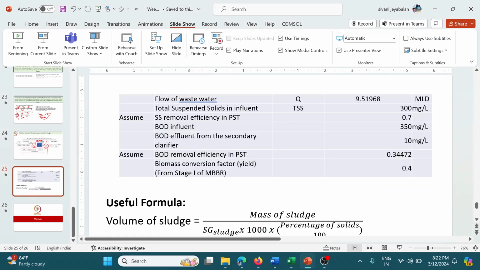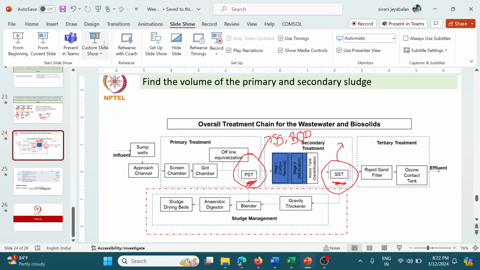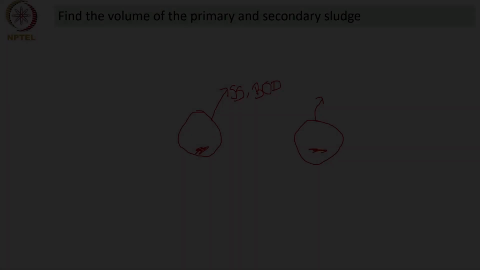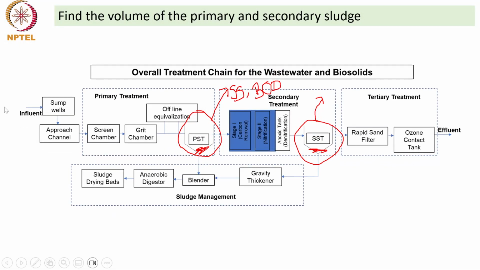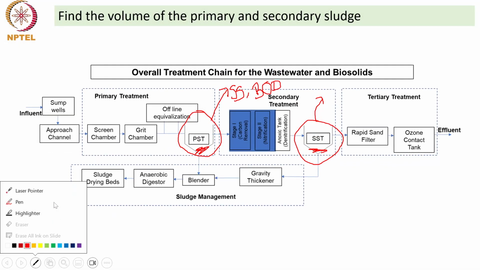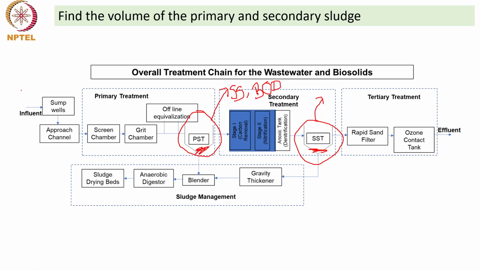So first, the influent flow is 9.51 MLD.